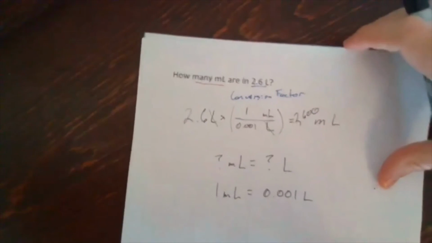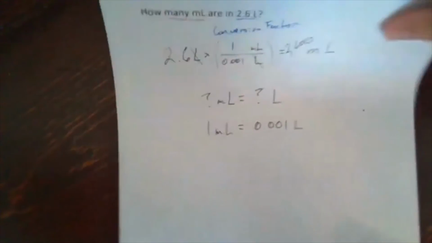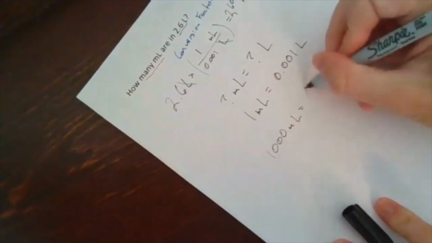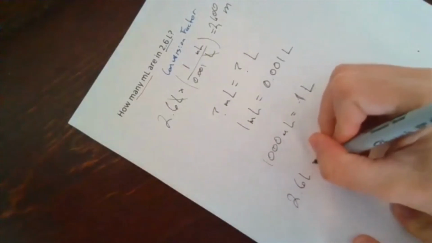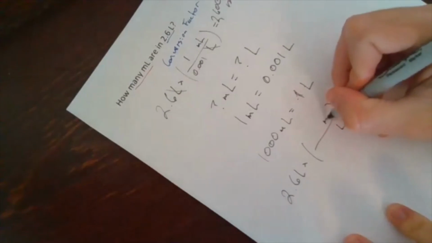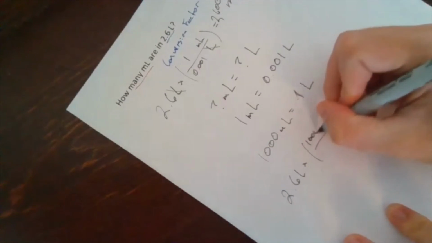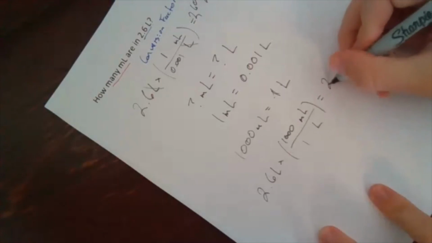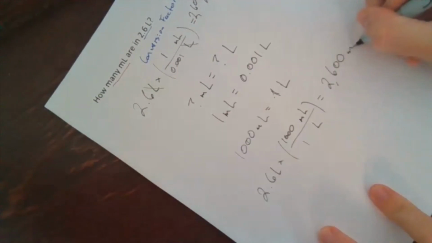I do also want to note that, like we talked about, you could define a different relationship. You could say 1,000 milliliters is equal to 1 liter, and you would get 2.6 liters times, you do the same thing, you want to cancel out your liters, go into milliliters, so that'd be 1,000, and that would be 1, and you would get the same 2,600 milliliters.